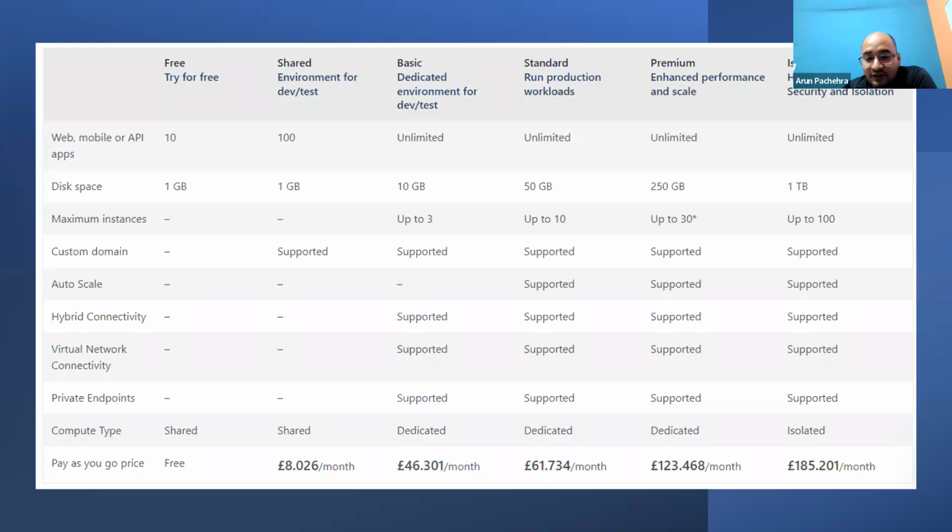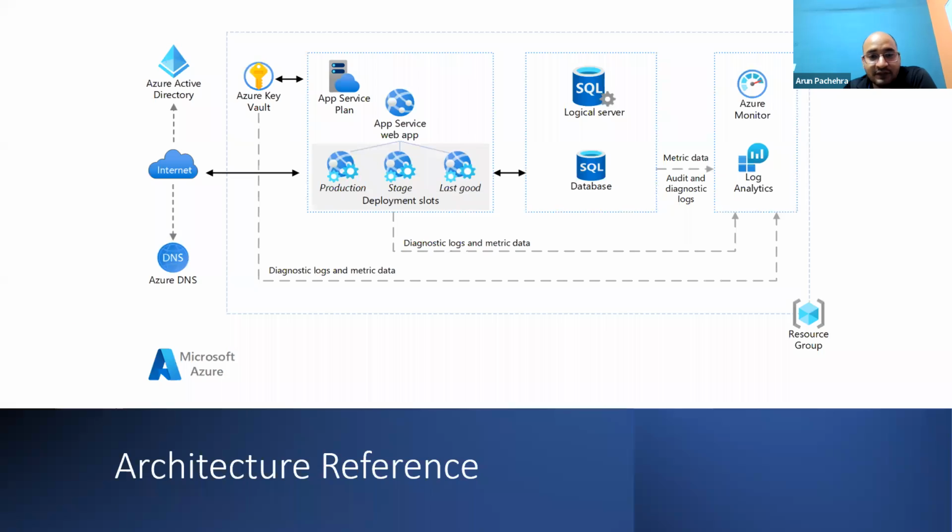Now let's go and check some reference architecture, which will help us dig it further and put it in perspective or cement our knowledge. So this is the reference architecture where we have an app service plan.